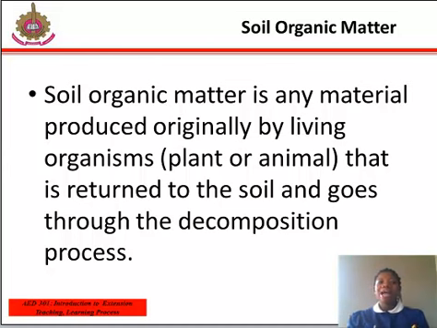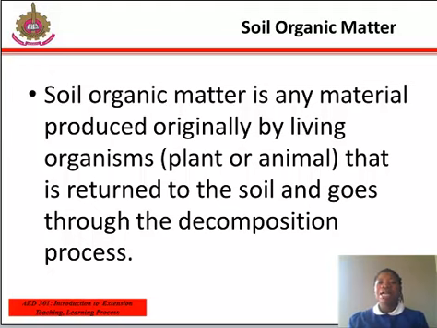Therefore, soil organic matter is any material produced originally by living organisms, either plants or animals, that is returned to the soil and goes through the decomposition process. At any given time, it consists of a range of materials, from the intact original tissues of plants and animals to the substantially decomposed mixture of materials known as humus.